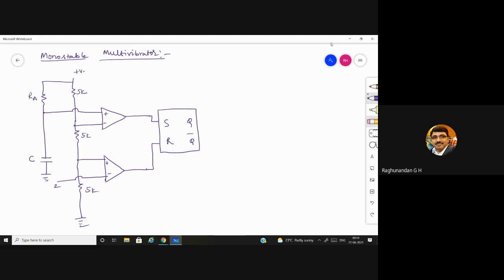We have VCC, and the fourth pin, which is reset.